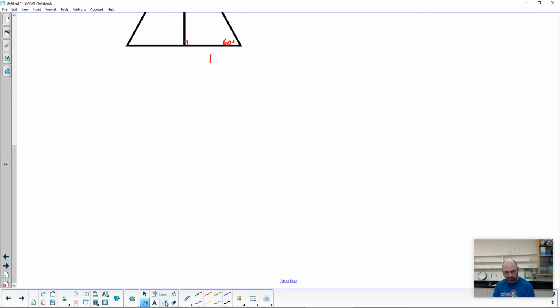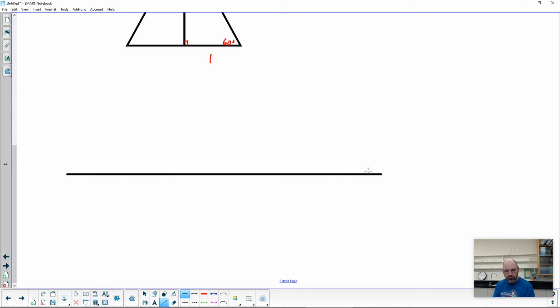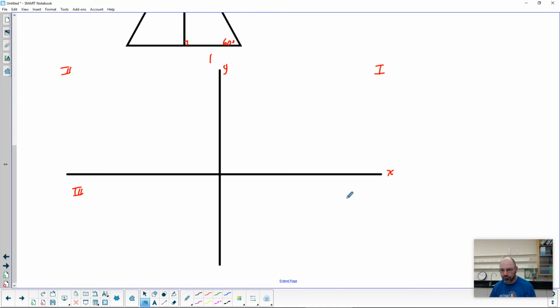So if I draw the quadrants, and we look at the quadrants here. This is 1, this is 2, this is 3, and this is 4.